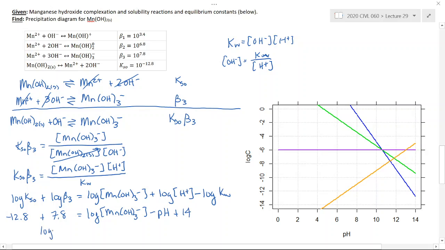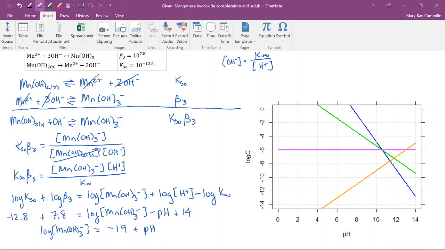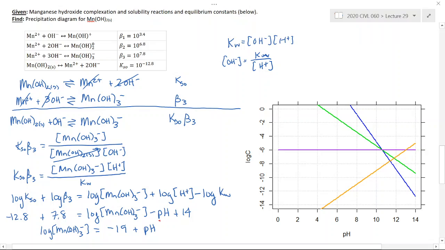Then I'm left with an equation for a line: log manganese hydroxide complex is equal to negative 19 plus pH. That is the equation of a line that describes the equilibrium of the complex with manganese hydroxide solid.